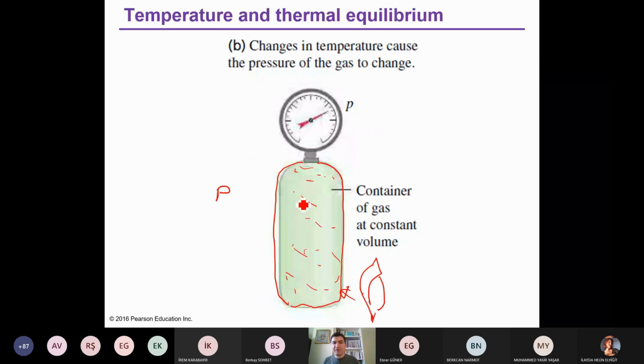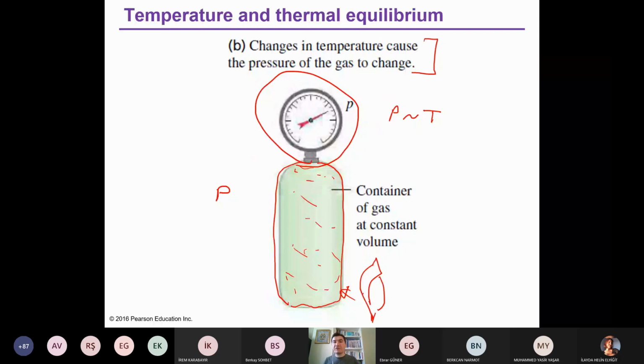And here we have a pressure gauge. Okay, you measure the pressure, and this pressure you read on the gauge is proportional to the temperature of the gas. So you can use the container of gas to measure the temperature. So changes in temperature cause the pressure of the gas to change.